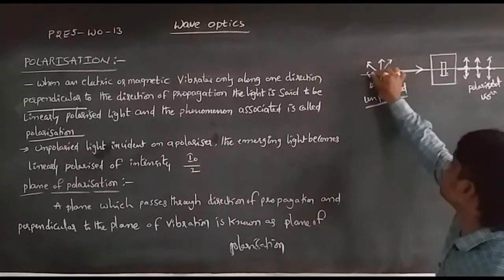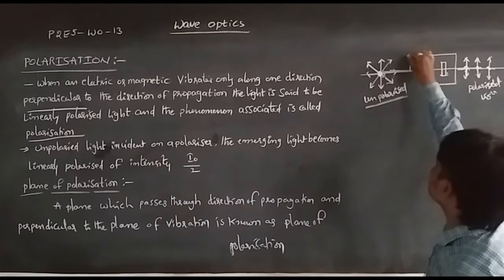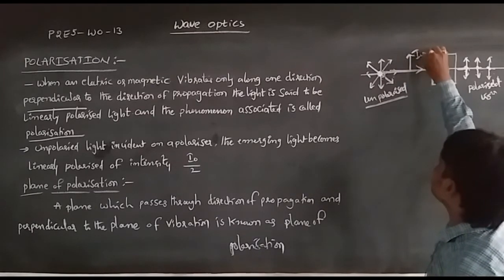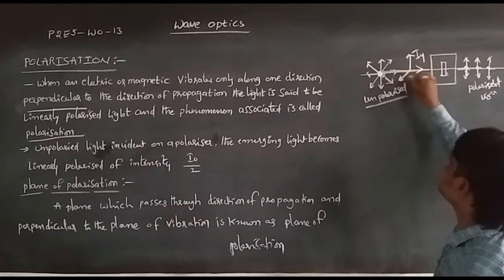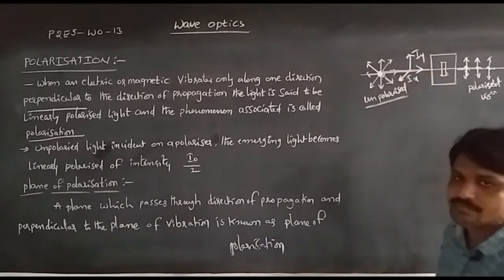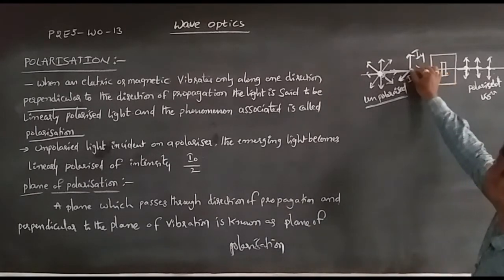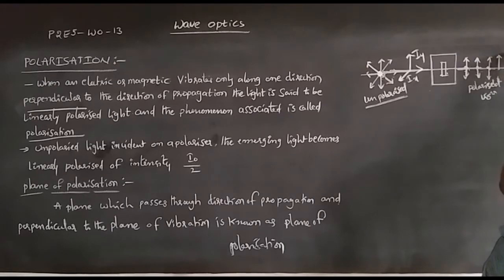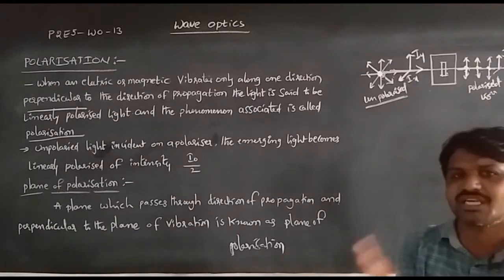Whenever polarized light is traveling, with components IY and IX, we can see only the IY direction, and there is no IX, which means the light has been polarized.